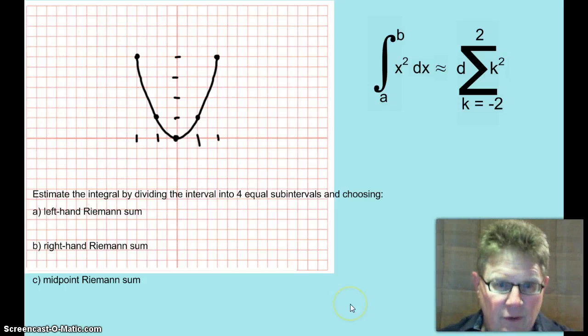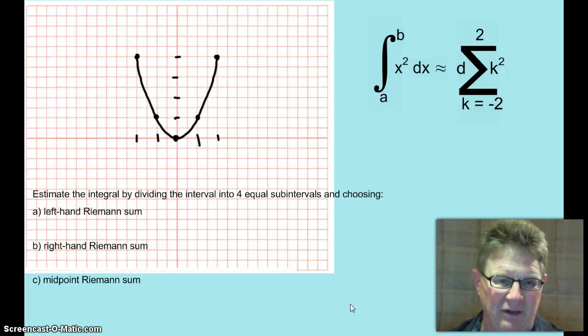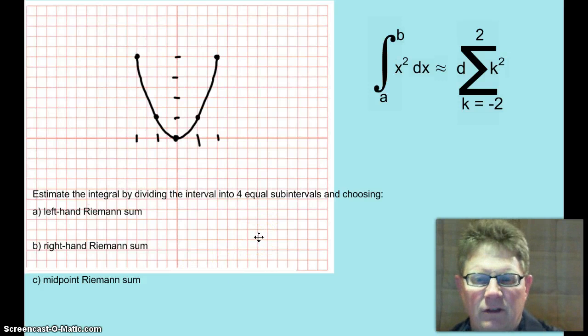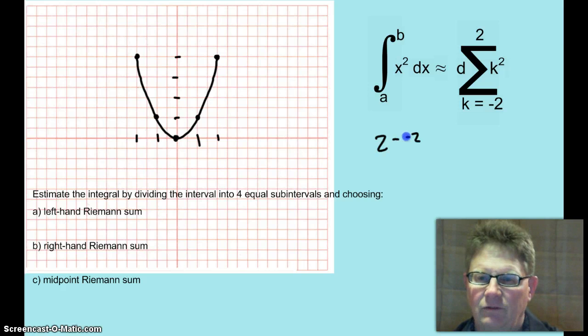Alright, I know you've been asking yourself, while you were copying this down, what's a left-hand Riemann sum, a right-hand Riemann sum, and a midpoint. We'll talk about that right now. First of all, let's divide this up into some subintervals of equal size. b minus a, 2 minus negative 2, divided by 4.